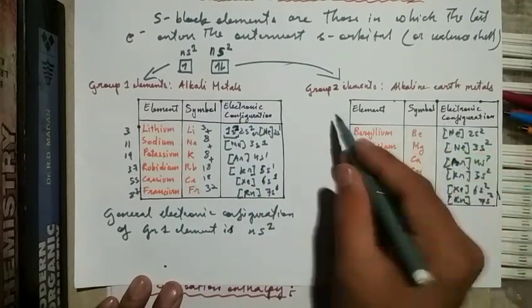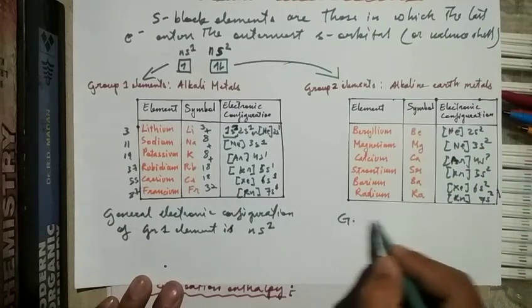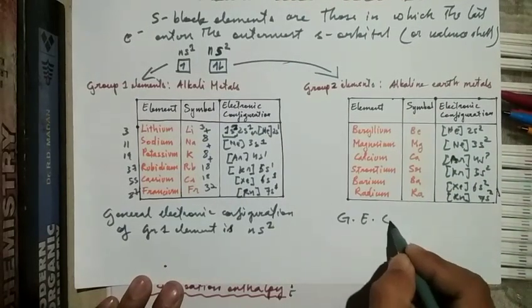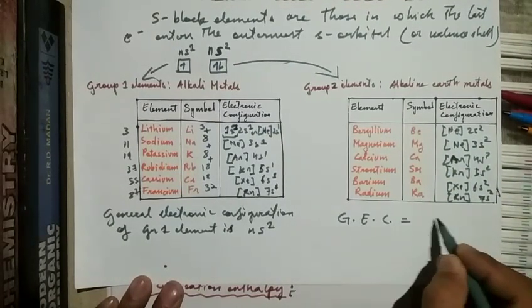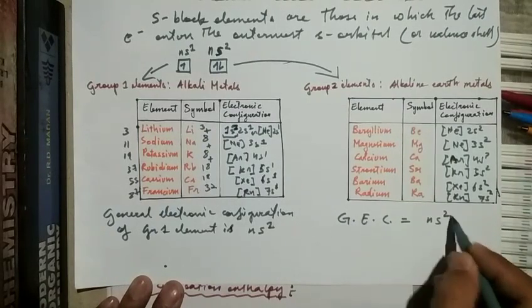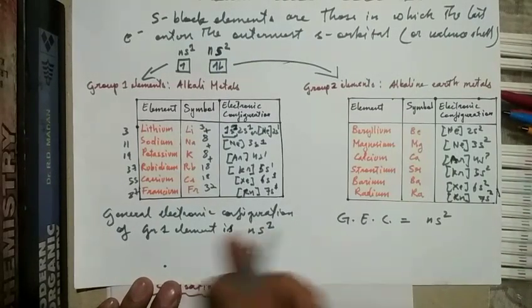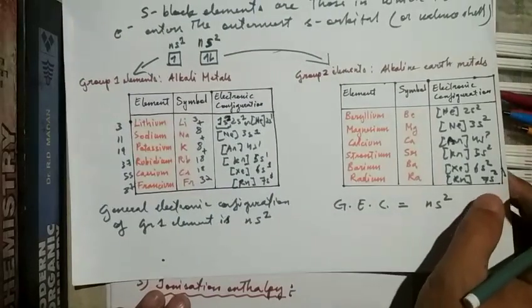And for group 2 elements, written in short, the general electronic configuration will be ns2. So this is the electronic configuration.